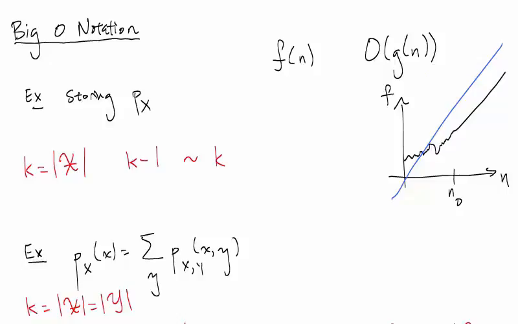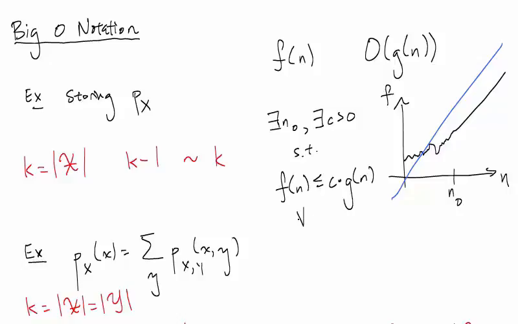So to turn what I just said into some mathematical symbols, we have f of n is O of g of n when there exists some n naught, and also there exists some constant c greater than 0, such that f of n is less than or equal to c times g of n.